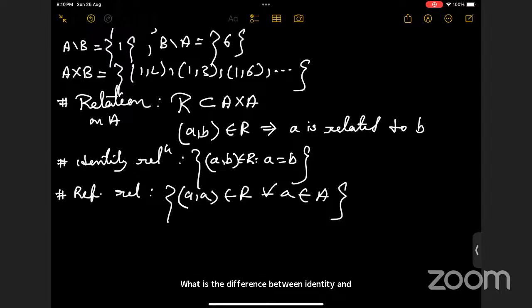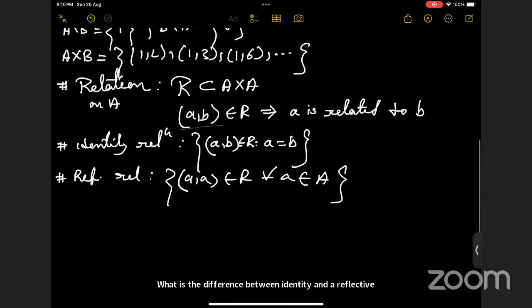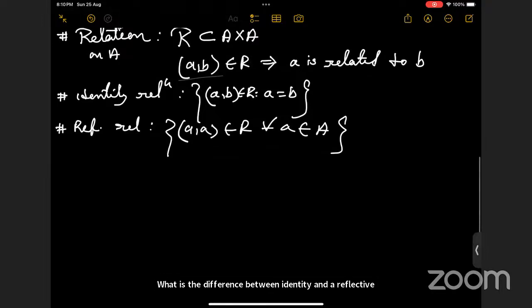Any one of you can unmute yourself. Diagonal elements should be equal.